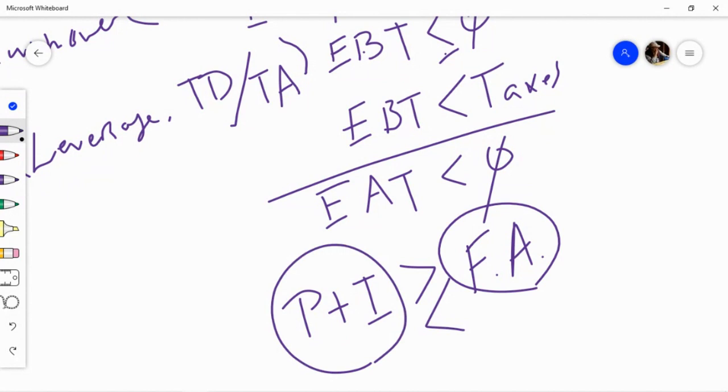If the liquidated value of the fixed assets, in other words the dollar value of the fixed assets, is greater than the principal and interest, then yes, they will go ahead and do it because they can recover their principal and interest.